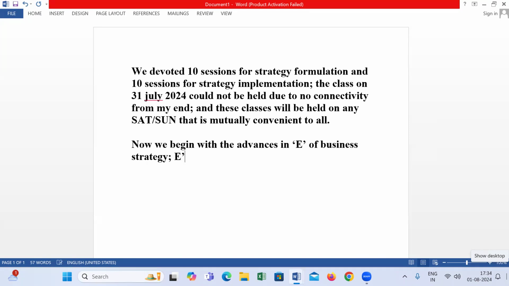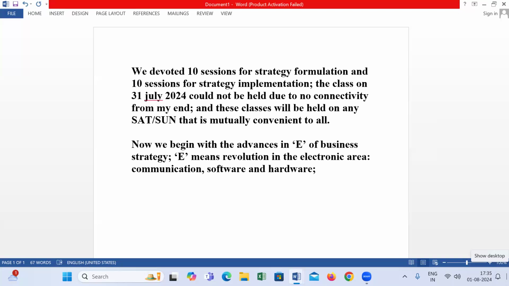E means solution in the electronic area, which includes communication, software, and hardware. So we talk about these things.